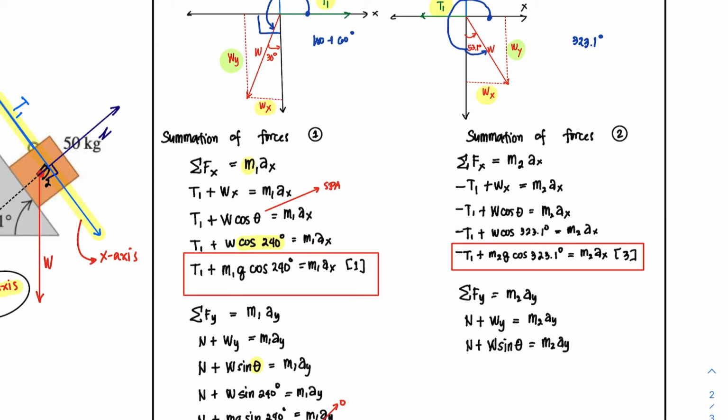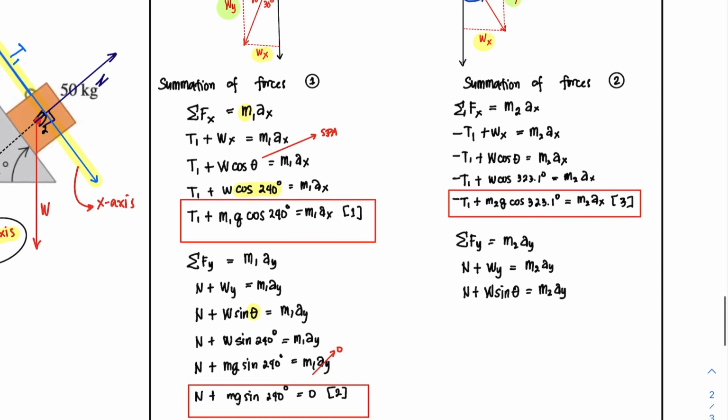So for the y, it automatically becomes sine and this automatically becomes cosine. Try to review our previous discussion on the resultant vector. That is the same concept that we are using there. Okay, so continuing with this one, I have N plus W sine of the same angle, 323.1 degrees, is equal to m2ay.